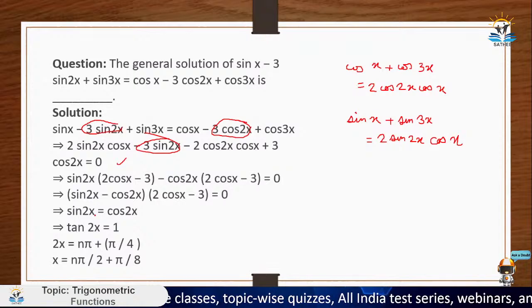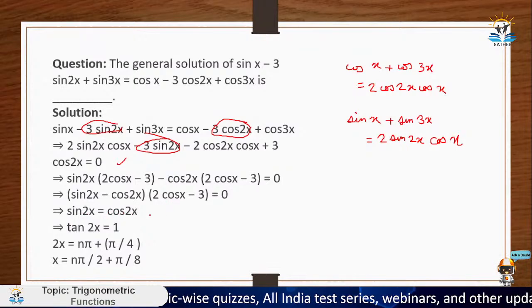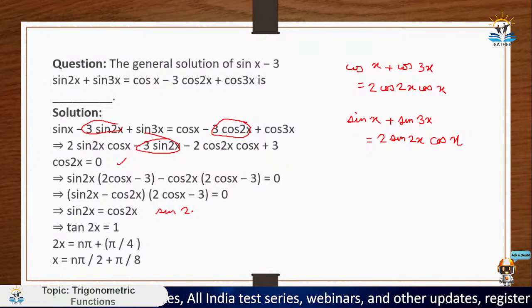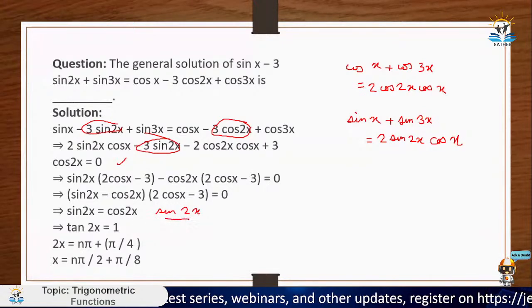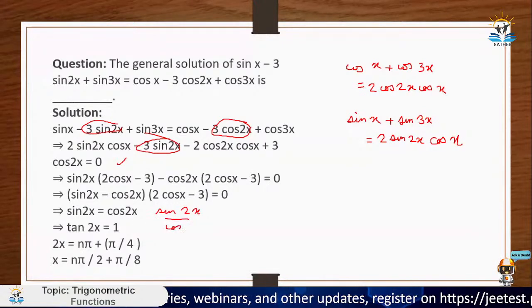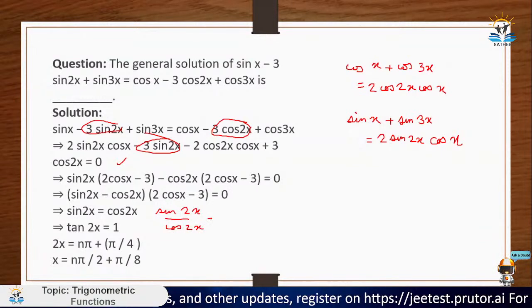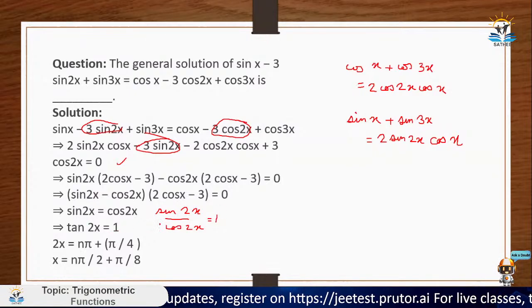So solve for both. What we have done here, we have taken sin upon cos. Basically, I have taken sin 2x upon cos 2x. Sin 2x, I have taken cos to that side, so it would be sin 2x upon cos 2x equal to 1. Okay. So from here we get tan 2x equal to 1.